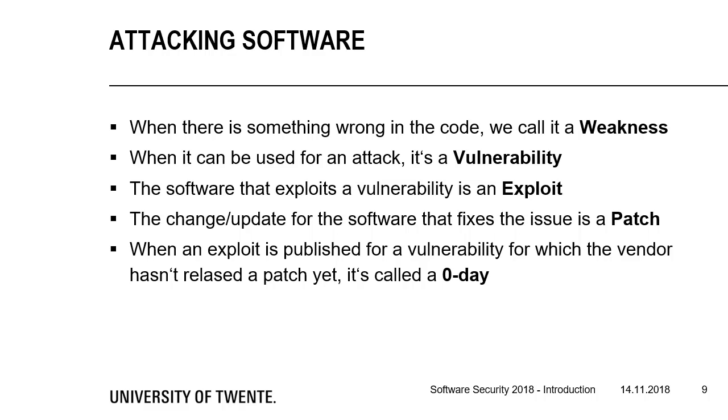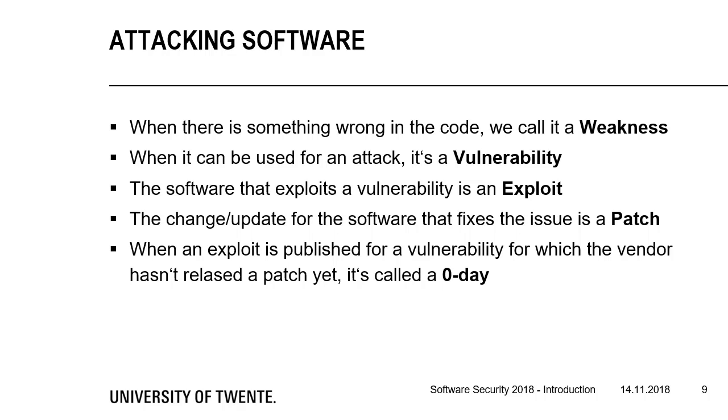So when you have code that is maybe very ugly, very hard to read, or that does things in a kind of unstable way, then that's a weakness in your code. And when I can use that weakness for an attack, then it's called a vulnerability. It means when there is something wrong in your code and I can use that to do something I'm not supposed to do, then it's a vulnerability.